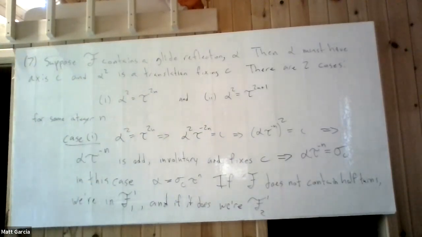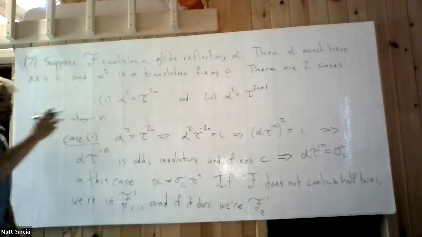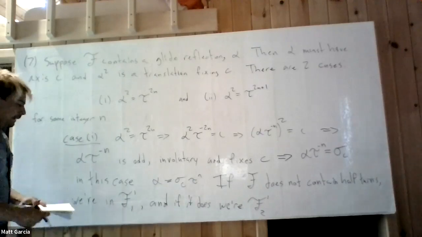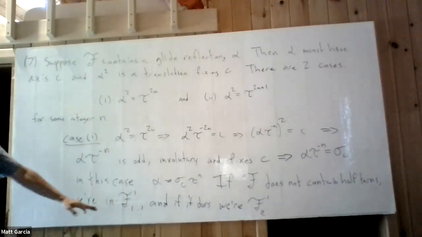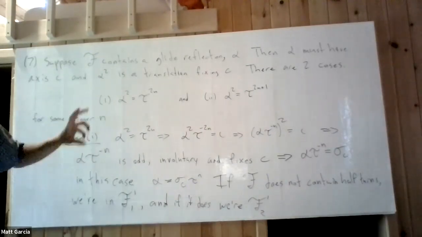But okay, so case one, if my glide reflection is an even power of the generator of my translation subgroup, then my Fries group is one of the six we've already described. Okay? So again, this is back to the point I was trying to make when we completed case number 6.